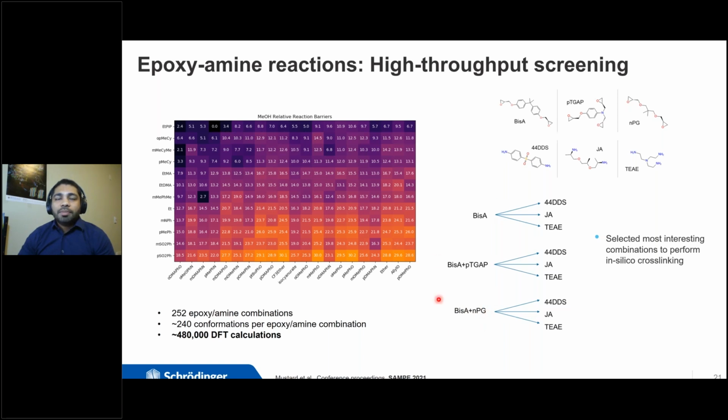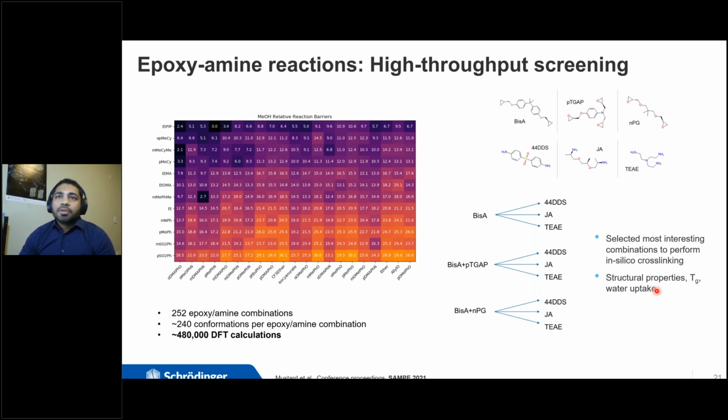And these three epoxides we again mixed with three different amines, 4,4-DDS, JA, TEAE, that resulted in a total of 9 epoxy-amine systems. And we compared different properties, structural properties, glass transition temperature, and water uptake of these 9 systems.